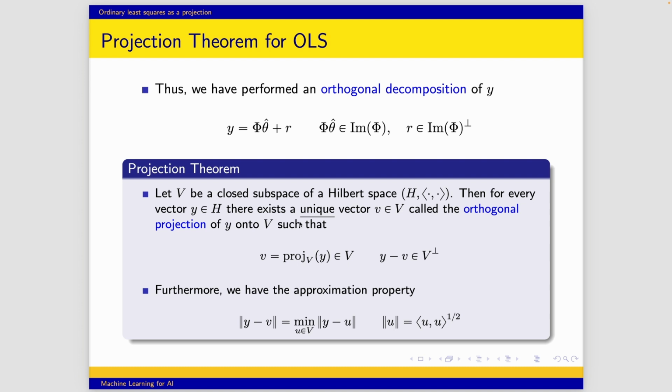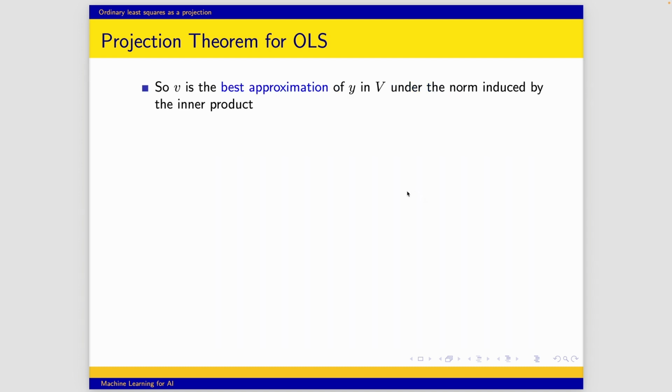So this projection theorem is proved in the linear algebra videos in full. We are now going to apply this to our OLS problem. We won't have to do much work because we've pretty much shown everything.